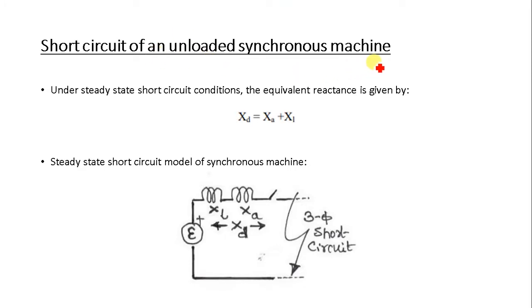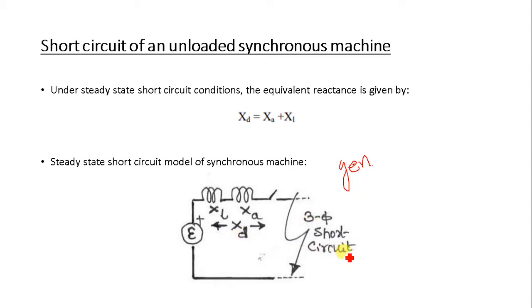Under the steady state short circuit condition, the armature reaction of your synchronous machine, or particularly if we talk about a generator, produces a demagnetizing flux, and that is Xd.